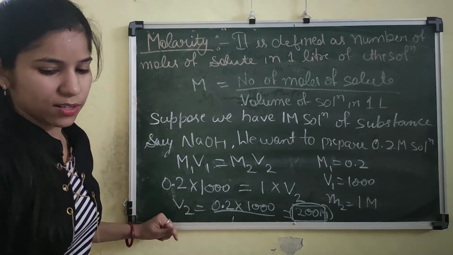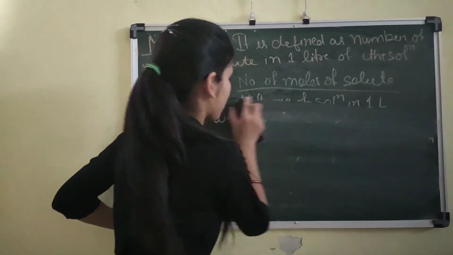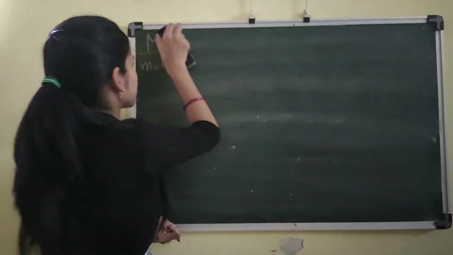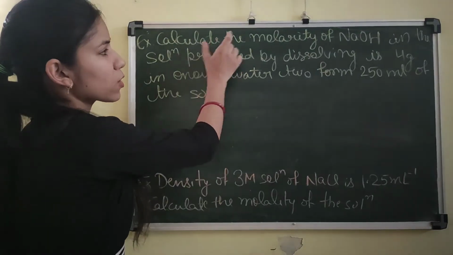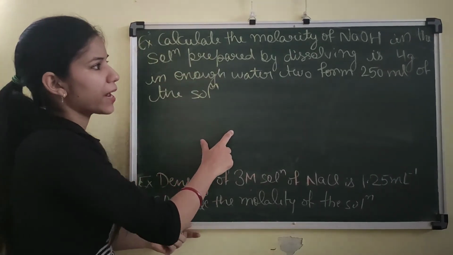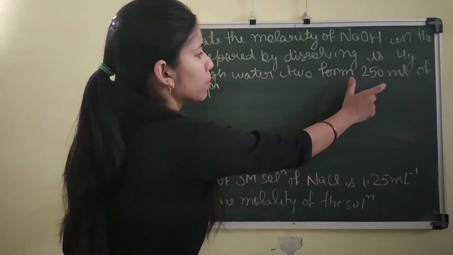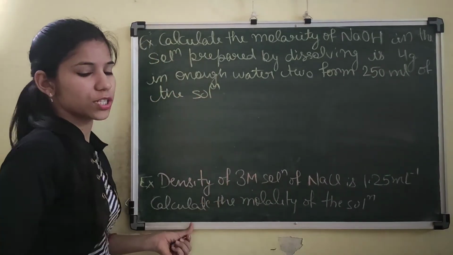For example, calculate the molarity of NaOH in the solution prepared by dissolving 4 gram of NaOH in enough water to form 250 ml of the solution.